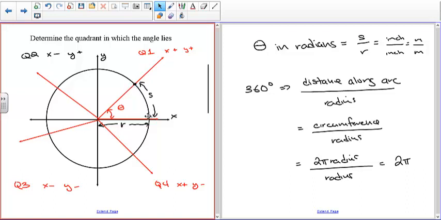And you can also go negative. Instead of going from this point counterclockwise, we could go clockwise and go all the way around here. So you can have both positive and negative angles, in degrees or in radians. That's one of the big differences between geometry and trigonometry.